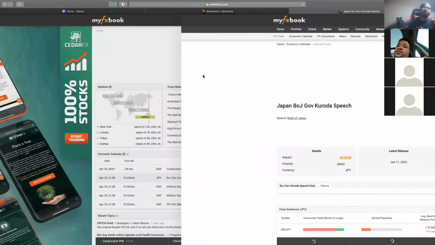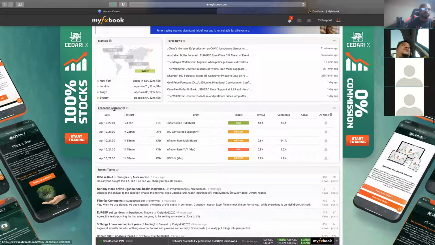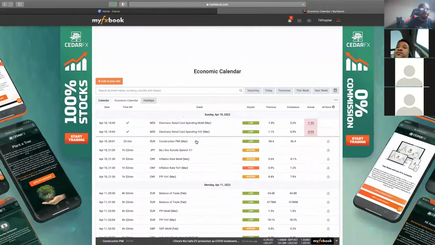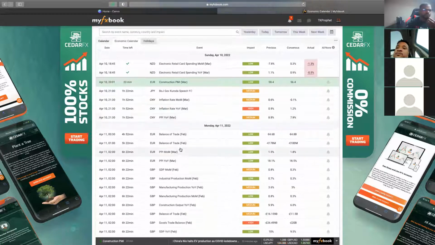So I'll use my FX book, and I'll go to the economic calendar just to see which pair would have a lot of movement or high volatility for the week.